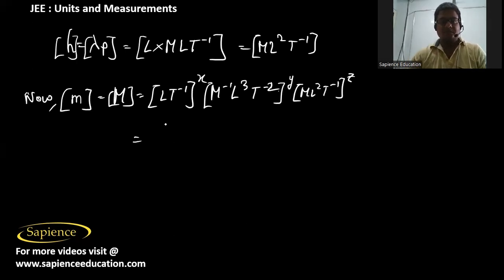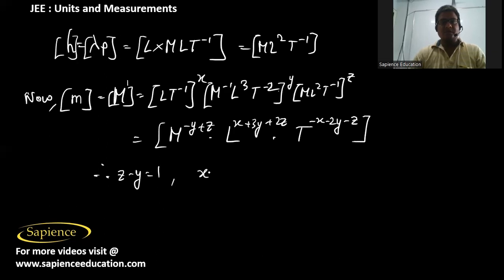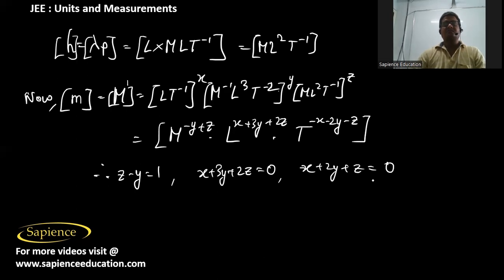Now we can write this as M power minus y plus z into L power x plus 3y plus 2z into T power minus x minus 2y minus z. Then the exponent of M is 1, so z minus y should be equal to 1, and x plus 3y plus 2z should be equal to 0, and x plus 2y plus z should also be equal to 0.